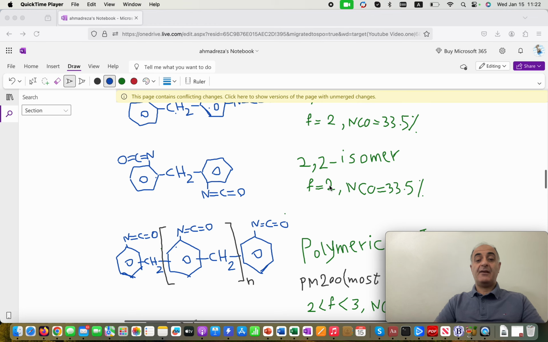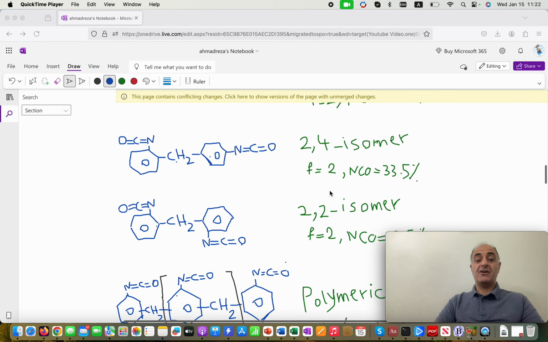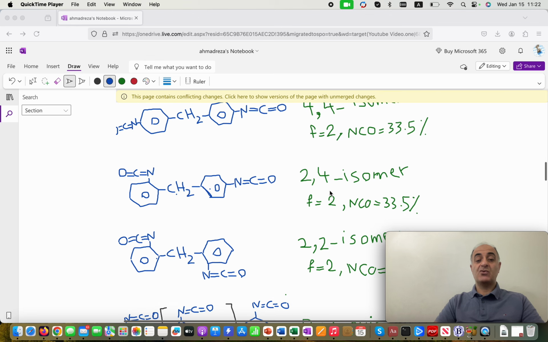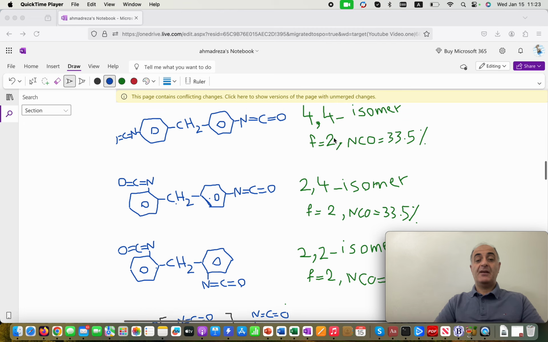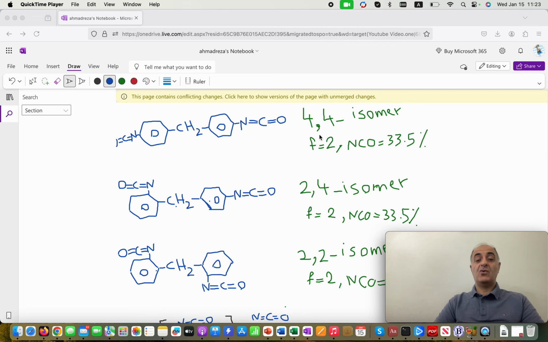They produce a mixture of all products together, and during production, the companies separate different grades of isomers and sell them to targeted markets. For example, the 4,4 isomer is called pure MDI, and it is solid at room temperature. It is used mainly for shoe soles, flexible foam, and so on.